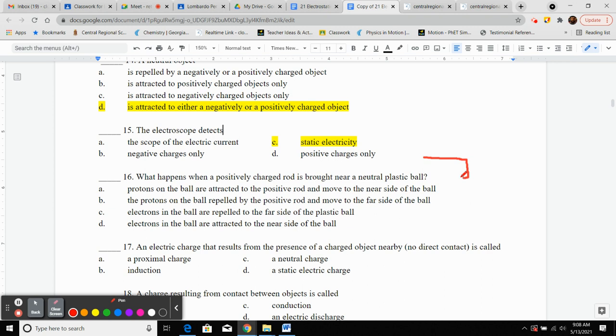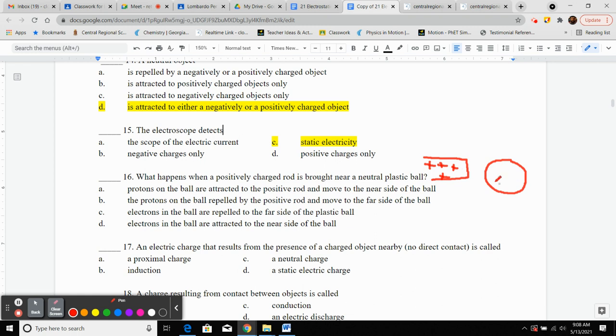So, a positively charged rod is brought near a neutral plastic ball. So this is neutral, right? We have the same number of positives and negatives. Opposite charges do what? Attract, and like charges repel.